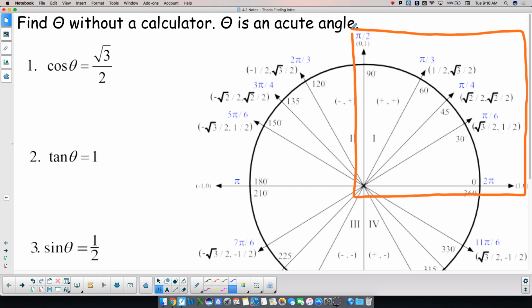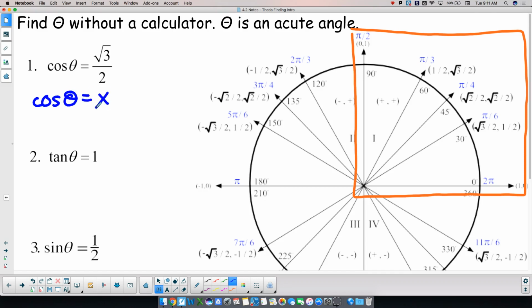Okay? So, in reverse, normally we would have said, like, the cosine of pi over 3, and we'd look for the x value of the coordinate at pi over 3, and that would be 1/2. Okay? Today, what we are saying is, the cosine of theta is equal to the square root of 3 over 2. So the cosine of theta is equal to x.